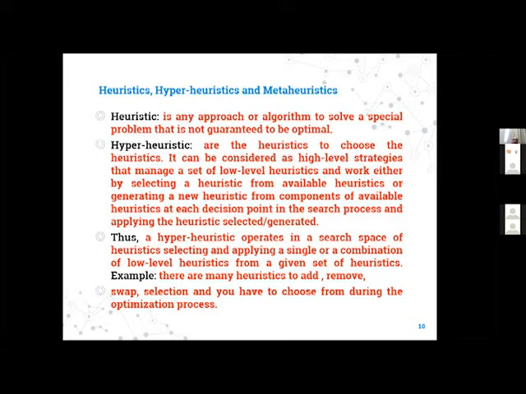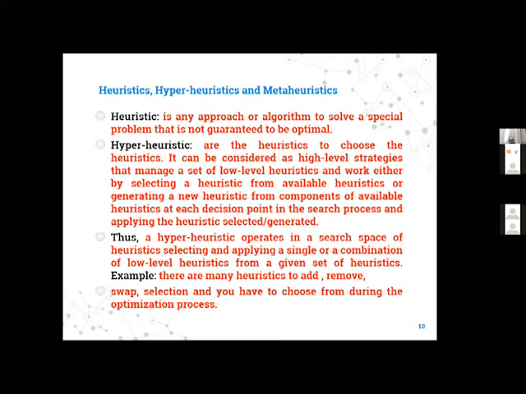On the other hand, we have another type which is called hyper-heuristics, which are heuristics to choose the heuristics. It can be considered as high-level strategies that manage a set of low-level heuristics and work either by selecting a heuristic from available heuristics or generating a new heuristic from components of available heuristics at each decision point.